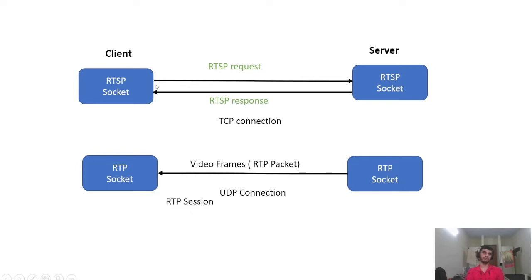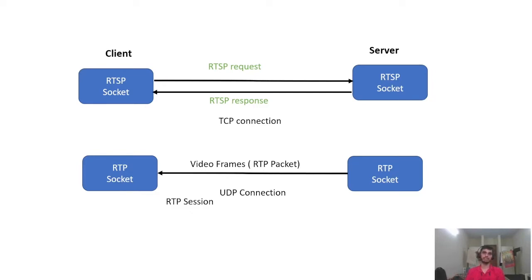So the client will send the RTSP request, which includes the instructions to be sent to the server, like play, pause, setup, etc., which are used to control the flow of incoming video. After analyzing the request, the server will send an appropriate RTSP response.